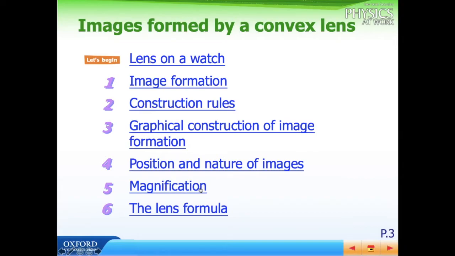We will define what magnification is, and also derive the equation for magnification. And the last section is all about the lens formula or lens equation. Here, we will talk about the derivation of the lens formula and apply this formula to problems related to the convex lens as to how the images are formed.